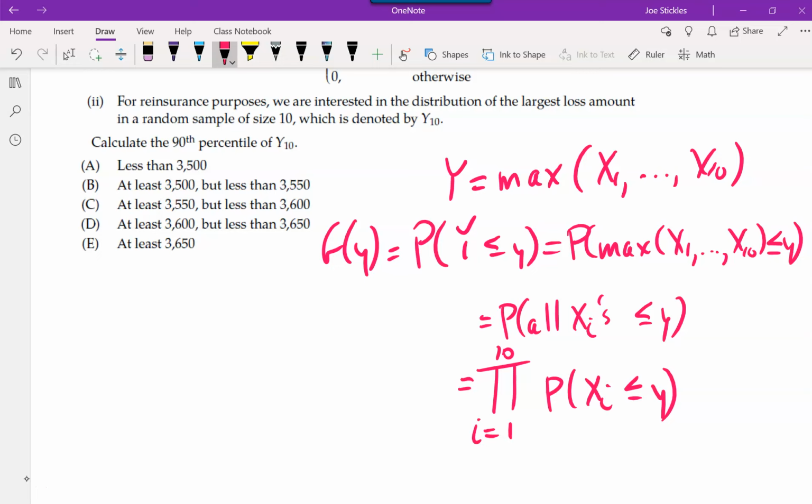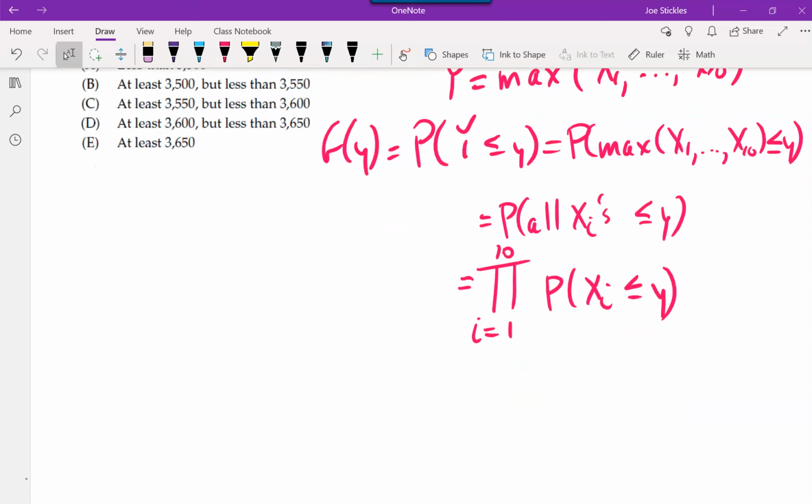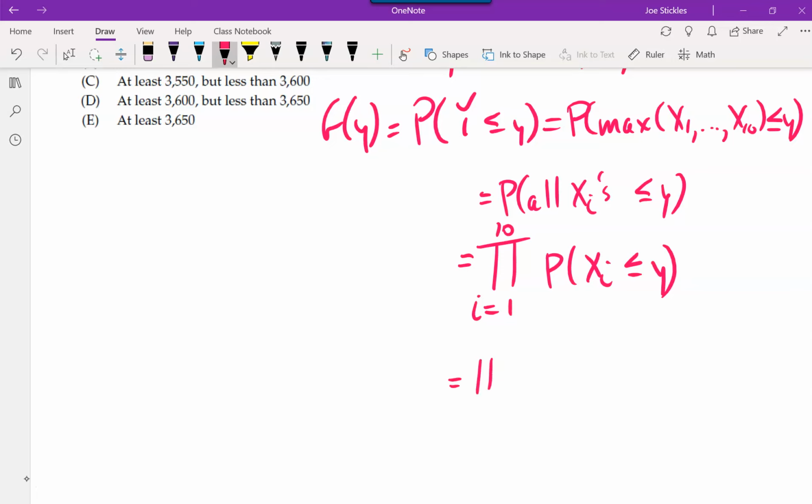So this is just going to be the product. I'm going to write it funky to start with. Of the CDF of these things, right? But they all have the same CDF, don't they? So instead of writing it as a product, I can just write this as a power.